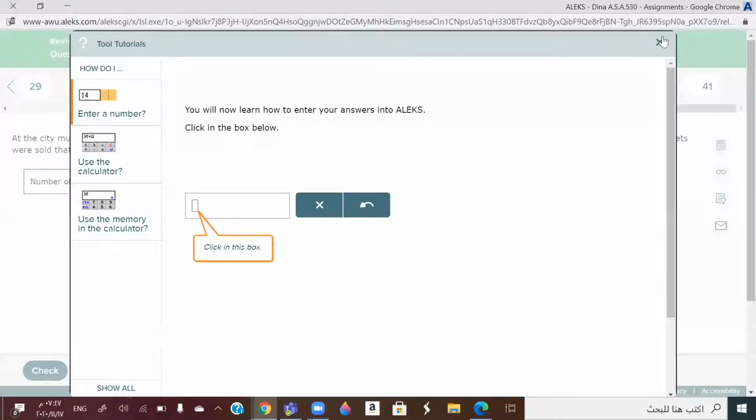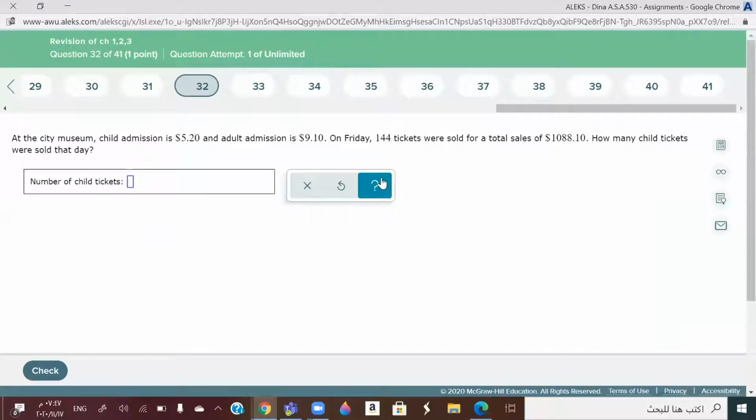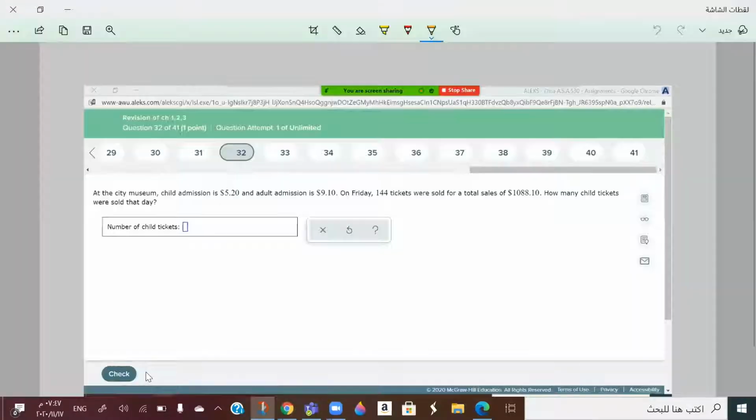So whenever you forget anything about the tools, you can go back to the tutorial. Now let's focus on how to solve this question on ALEKS. I will be using the Windows Ink to explain this for you. So let's see how we can solve such a question.